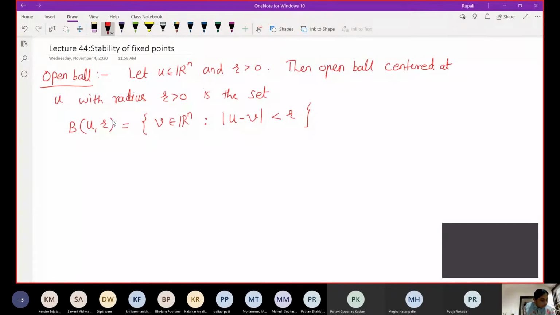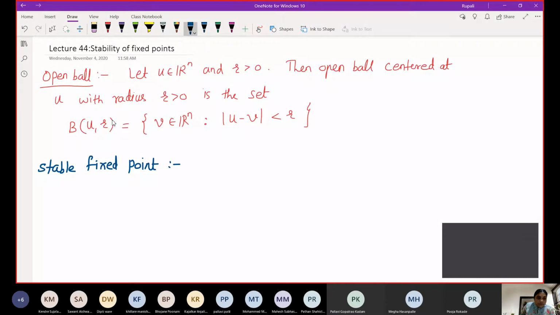Okay, so there are some definitions. First we will see them, then we will go to the theorem. So another definition is stable fixed point. We have already seen the definition of fixed point.